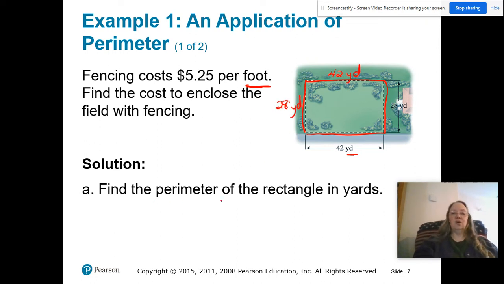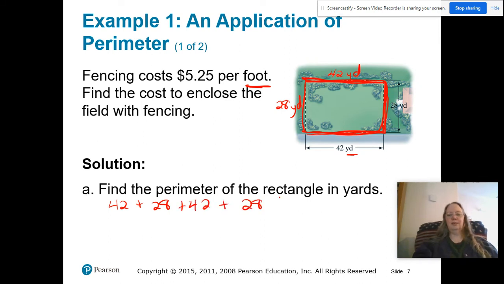Okay, so to find the perimeter, we're going to add up the sides. So we've got 42 plus 28, that's halfway around. So I've got this one and this one, these two. Now I have to do another 42 and another 28, and that will give me the perimeter in yards, which is just the first step into finding the answer to this problem.